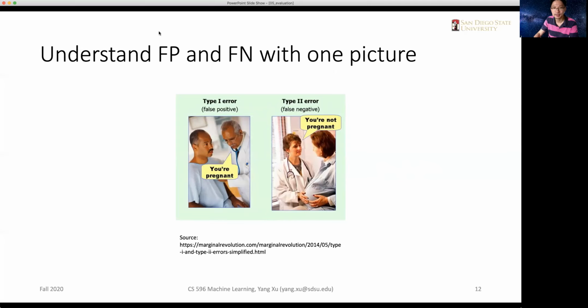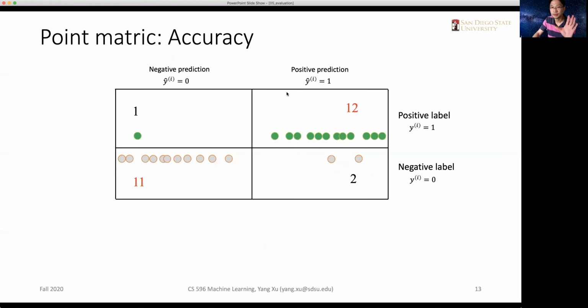It's also equivalent to the concepts of type 1 error, which is false positive, and type 2 error, which are used a lot in statistics. But again, as I said, we will need to use all these 4 numbers to compute more advanced metrics.